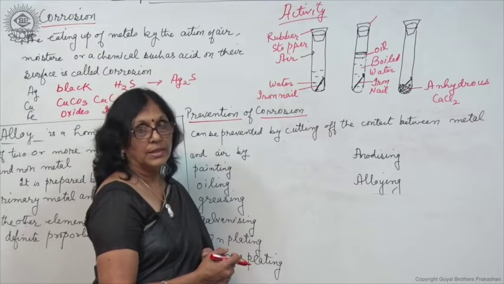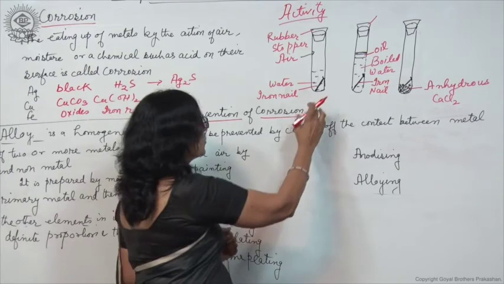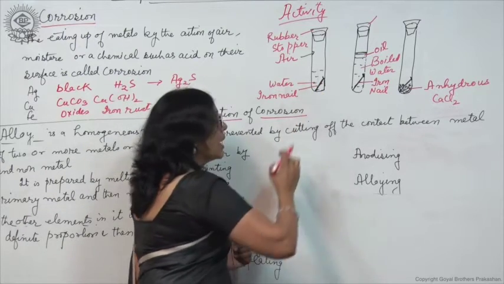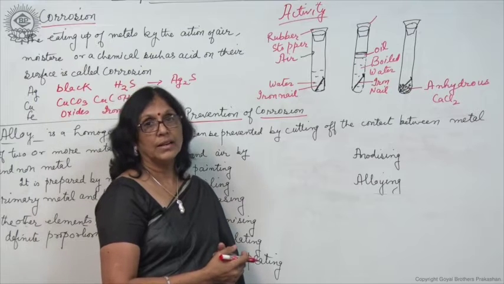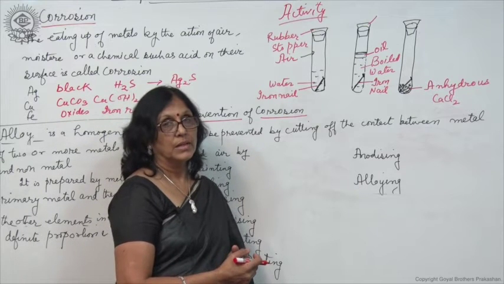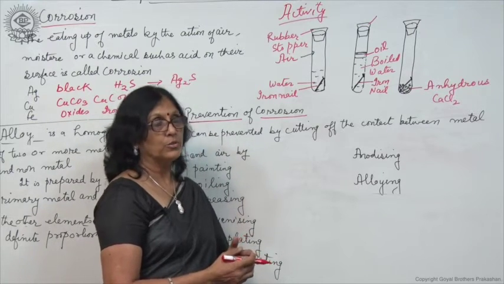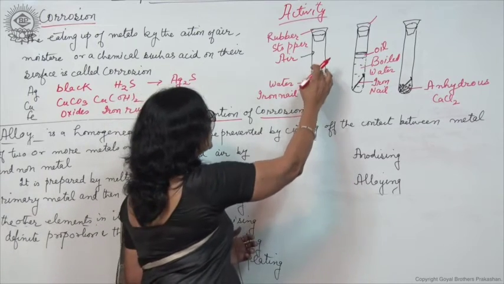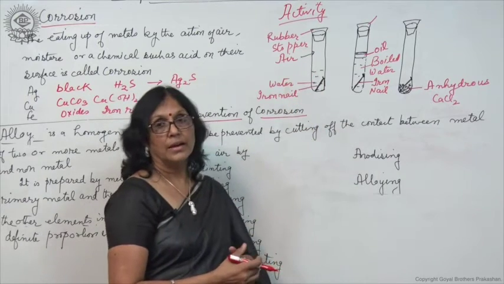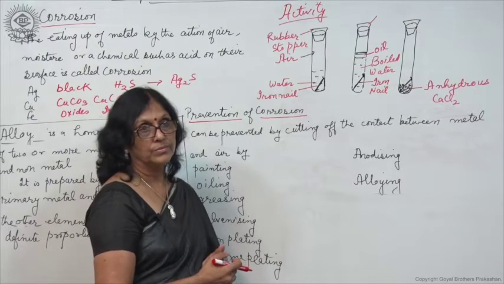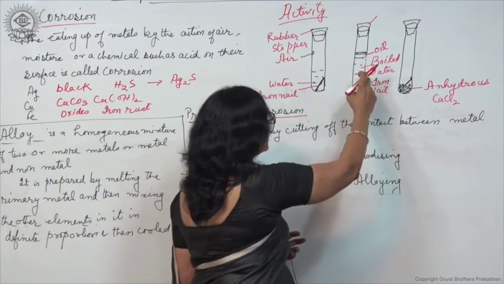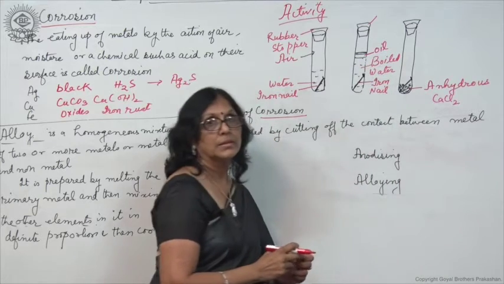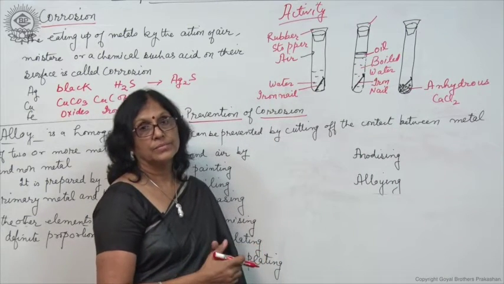It is found that in the first test tube, the iron nail gets covered by a brown flaky substance. The iron nail has rusted. In the first test tube, water is there, air is also there, and iron has rusted. In the second test tube, water is there, but there is no air.